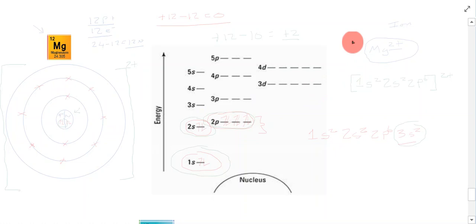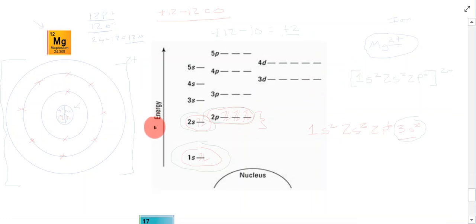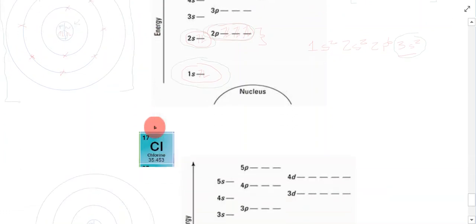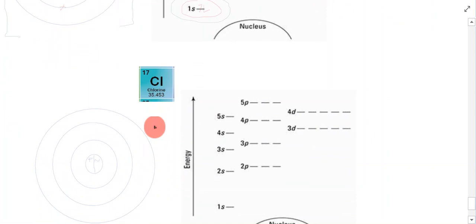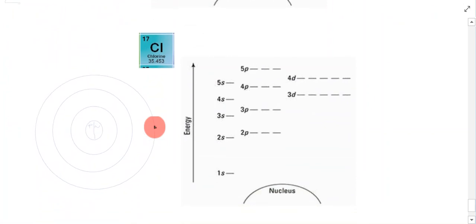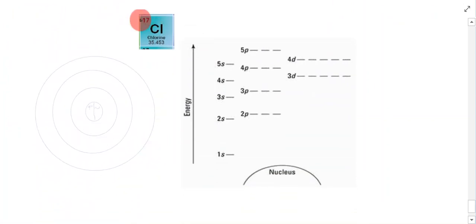So that's magnesium. What we can also do is the same thing, and look at chlorine, for example. So imagine we have chlorine. You can see it has 17 protons, so 17 positive charges.